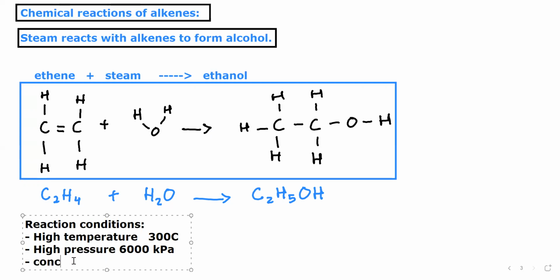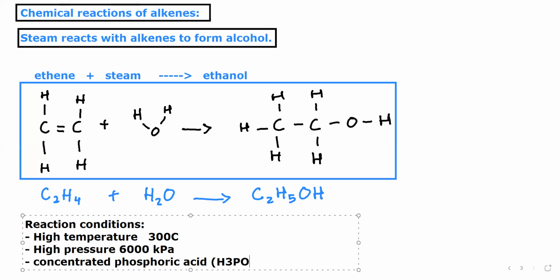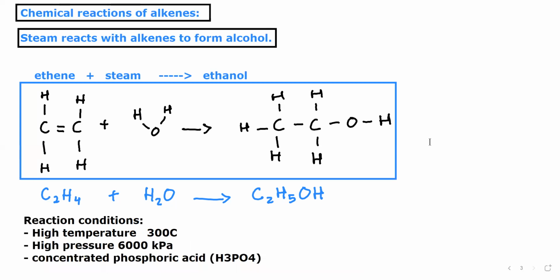This is important to mention because sometimes in the exam there is 1 mark for concentrated and 1 mark for phosphoric acid. The formula is H3PO4. So these are our reaction conditions for the reaction of alkenes with steam to form alcohol.